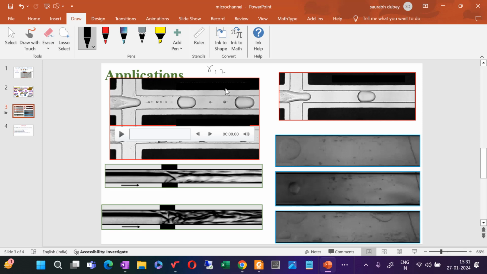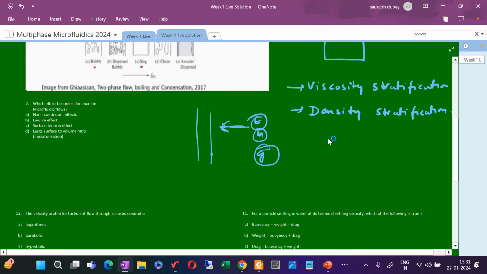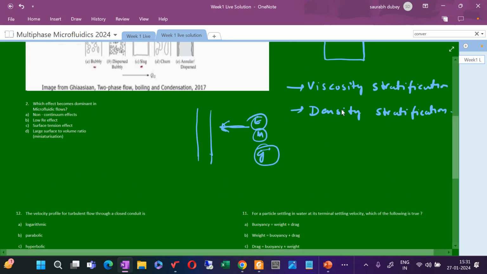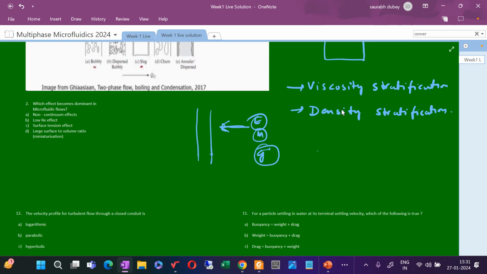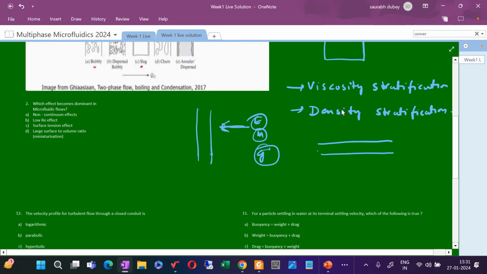There will be three cases. I will write that down. There is something called droplet production, where the droplet will be spherical, and then there will be plug or slug.